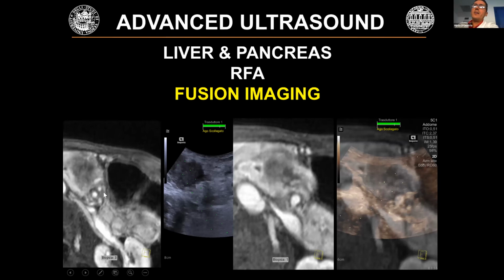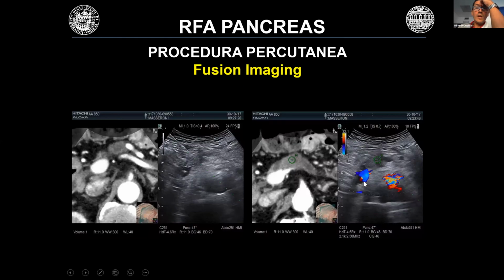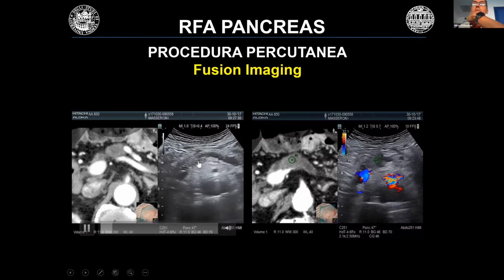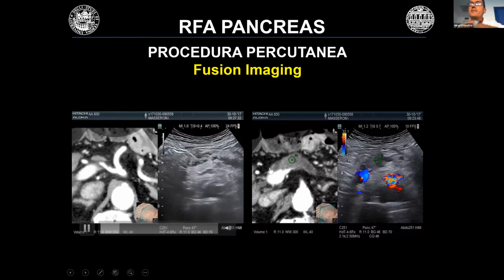This is an MRI together with ultrasound. Also in this case, you can see how the lesion is easily reachable, and you can add contrast, as you can see here with this window. Coming back to a procedure, we are now viewing the needle inside this small ductal carcinoma. The main pancreatic duct is dilated.